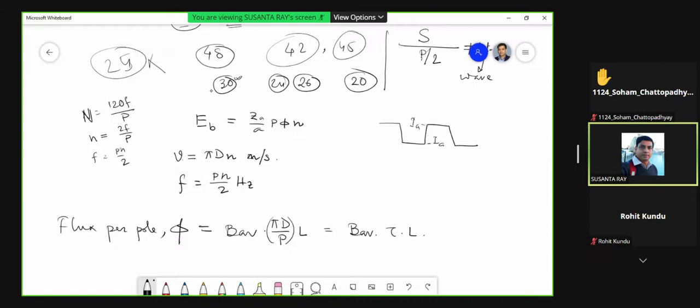I want flux per pole. That means I have to use not πD, I have to use πD by P. So therefore it is τ only. Got my point? Yes sir. So both the values we have, τ and L. And here you have to use Li only.